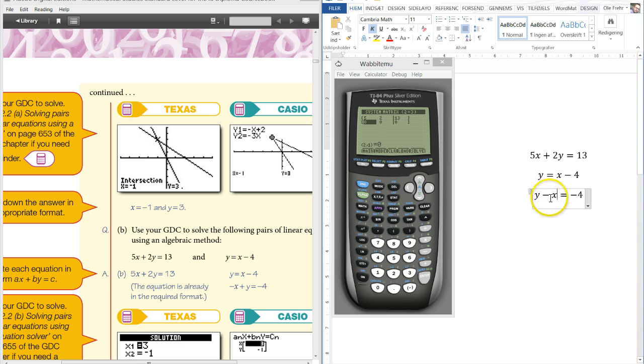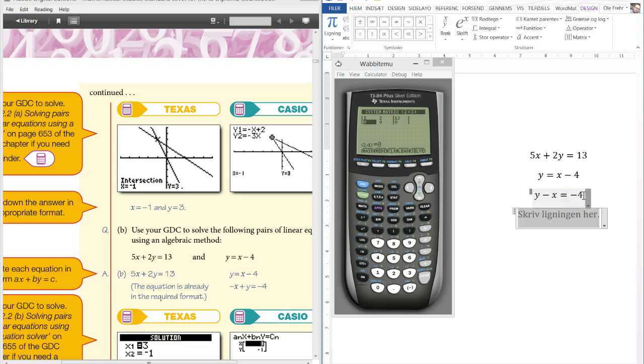But it's still not correct. If you can see, the coefficient in front of the x is -1. There's a 1 that we don't write, and the coefficient in front of the y is also 1. So what I need to write here is -1. I could rearrange it, so it is -x plus y equals -4.